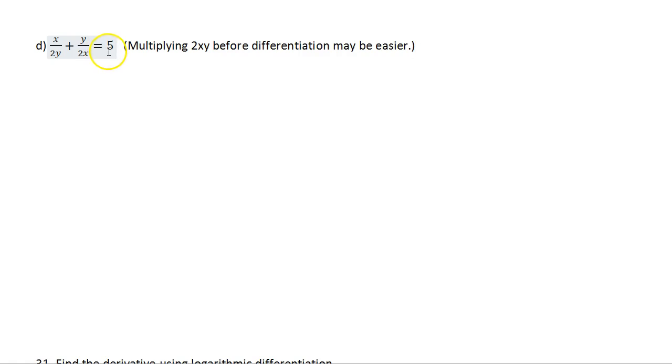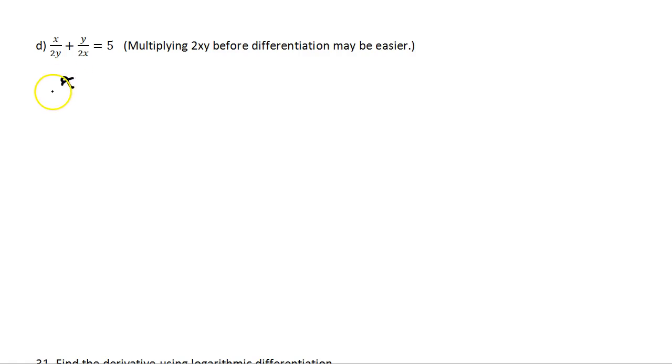If you have secants or cotangents, those reciprocal functions, maybe it's worth trying to rewrite it as a fraction and then simplifying. But here we have a fraction equals a number. In that case, I can multiply 2xy on both sides to get rid of both the denominators, right? So that certainly is going to simplify the equation, and it'll be much easier to differentiate afterwards.